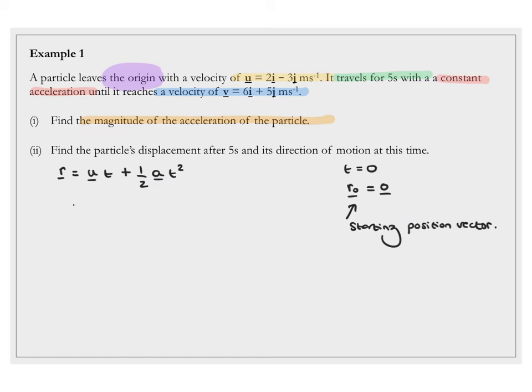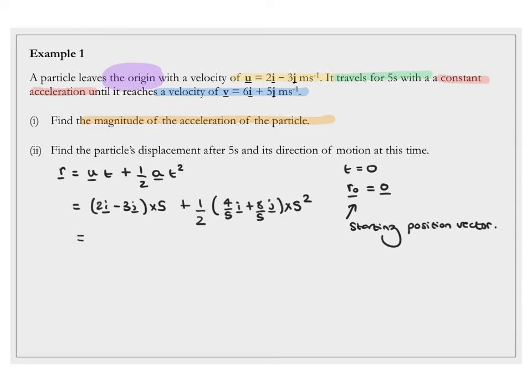So let's substitute in the information. We know that u is equal to 2i minus 3j multiplied by the time, which we know is 5, plus a half multiplied by the acceleration vector, which we know is 4/5 i plus 8/5 j, multiplied by the time squared, which is 5 squared.